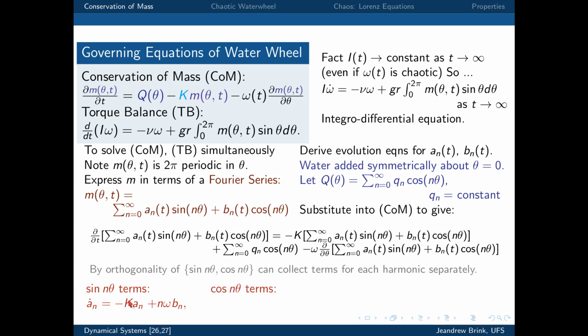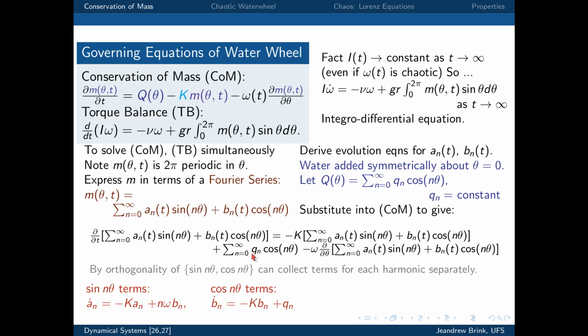We can do the same thing when we look at the cos nθ term. So here we have d/dt of b_n of t, and that is equal to the b_n term, so it's minus k b_n coming out there.